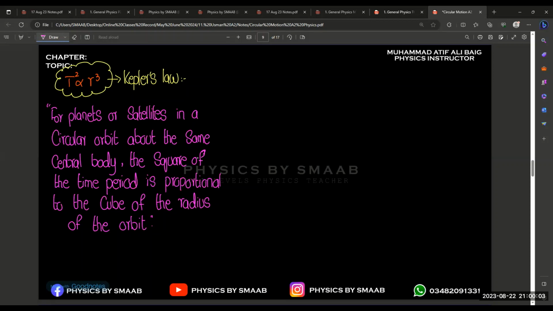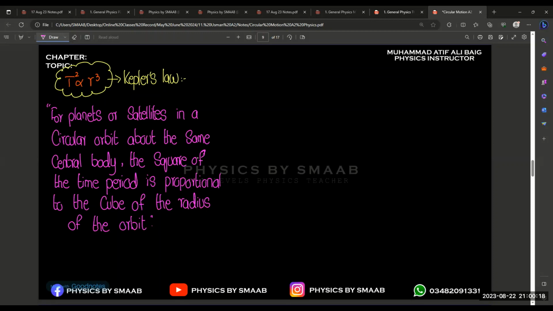Okay, you can see that the statement is again very simple, just defining the basic concept. Just like the previous law, F is directly proportional to G M1 M2 over R squared. This is also a very simple statement.